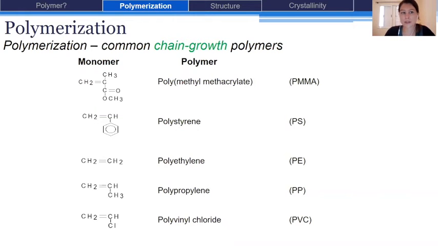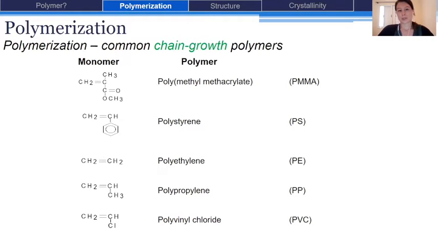On that slide, we present common chain growth polymers. On the left part of the slide, you can see different monomers that have different chemical structures, but all of them have one thing in common. They have a carbon-carbon double bond. And as we explained, this double bond is highly reactive with a radical coming from an initiator or catalyst.